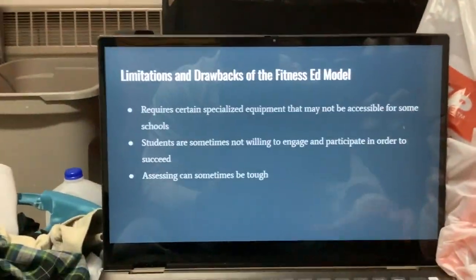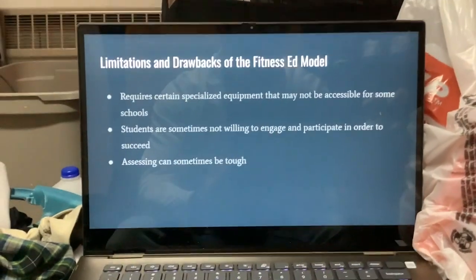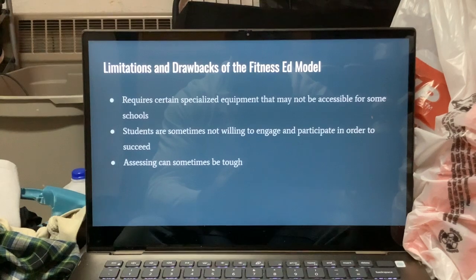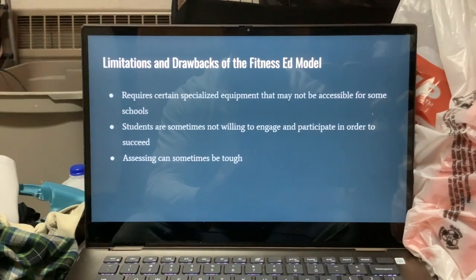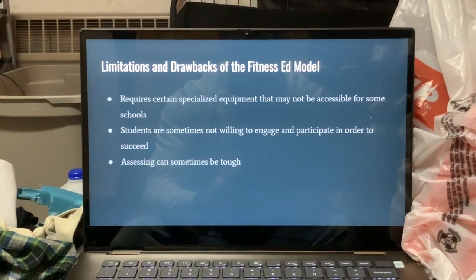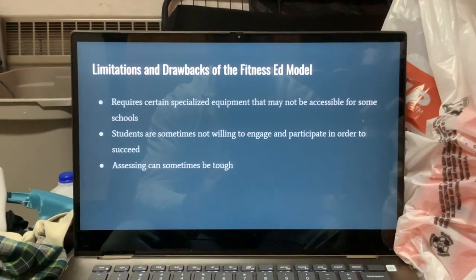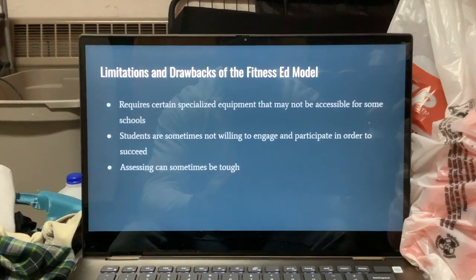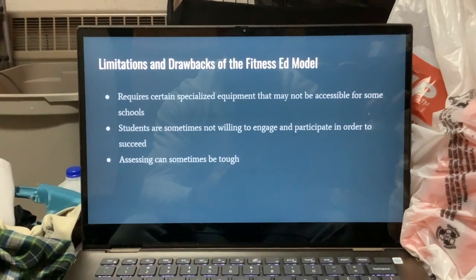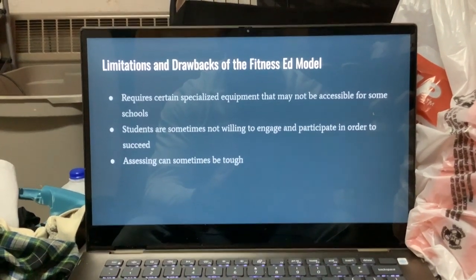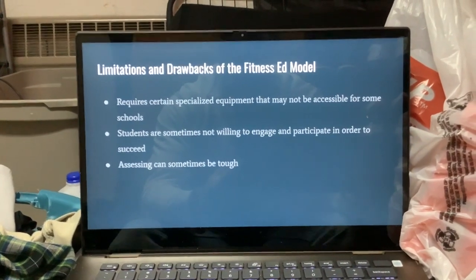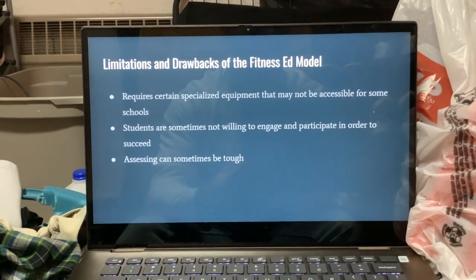in that. So there are some limitations and drawbacks to the fitness ed model. It requires certain specialized equipment that may not be accessible for some schools. For example, if you want to have a strength training unit where you want your students to reach their goal, sometimes you can have basic exercises like push-ups and sit-ups and all that type of stuff that are body weight, and you don't need equipment for that stuff.